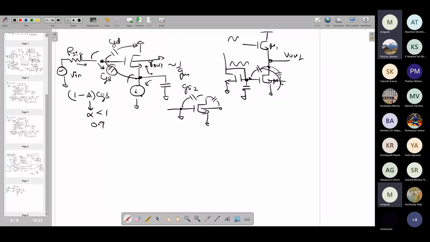And then for the upper device, we do have the CSB of M1, right? That is going to come. For M1, the body is also assumed to be AC ground, and CSB is therefore coming into the picture. Fine. So that gives us a net capacitance at the output point. And again, it depends upon what the load capacitance is. If the load capacitance is pretty large, then you will have to include it.